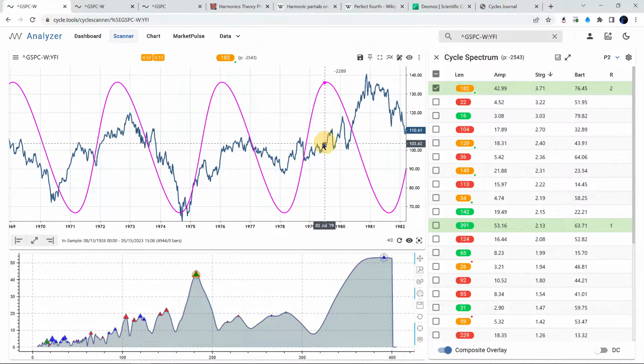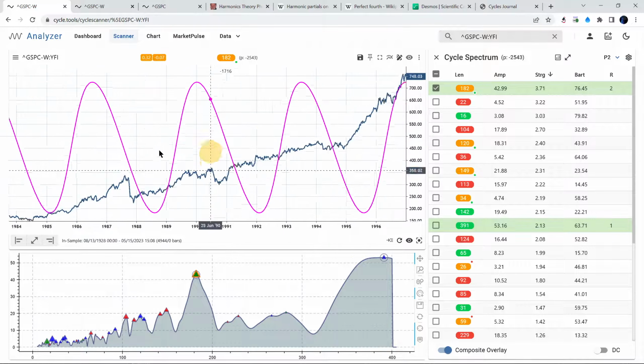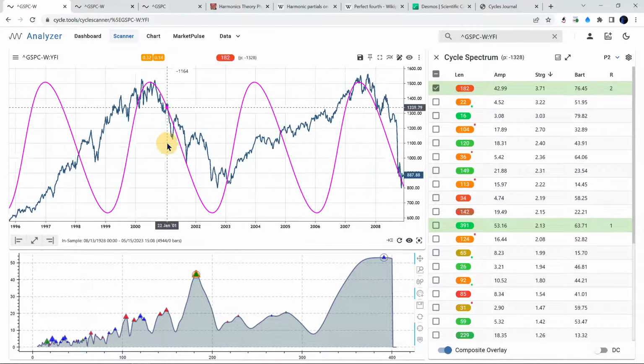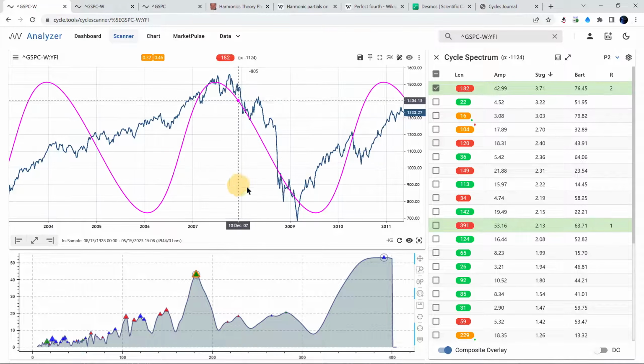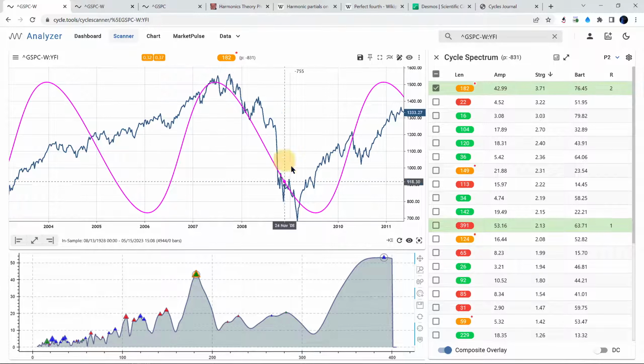Let's continue to the internet bubble in 2000. Here you see the same skewness applied to this cycle, perfectly matched over 20 years ago. So I've not changed this cycle here. Here, the banking crisis, 2007, the topping and the bottoming.